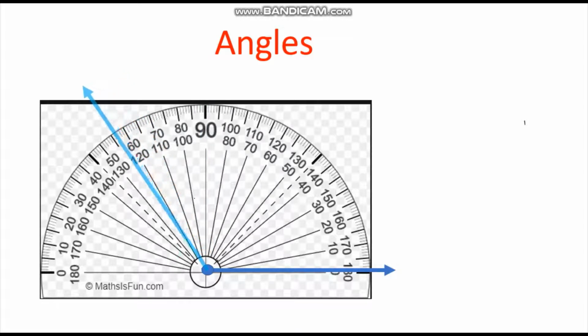Now again, if you move, see here, 150 degree. And if you come down, see here, this is 180 degree. In this way you can easily construct an angle, or you can also measure any angle which is given to you.